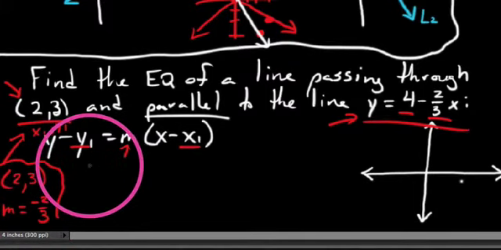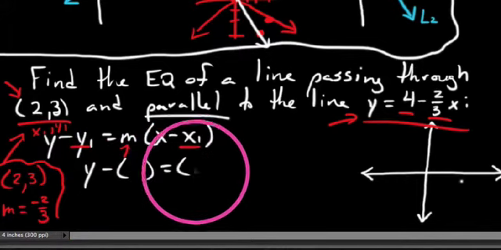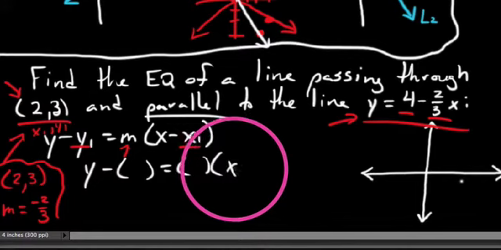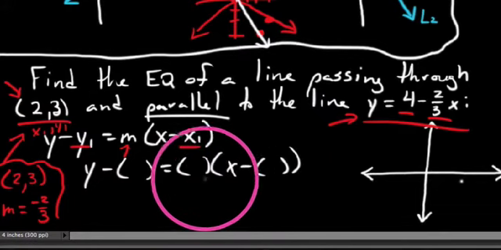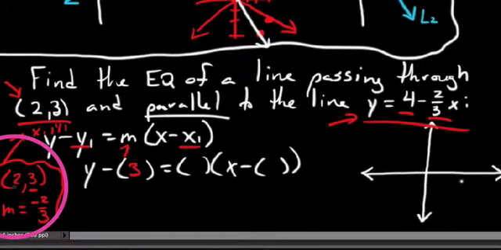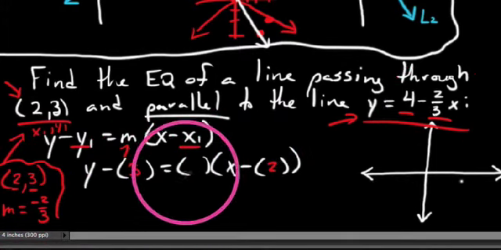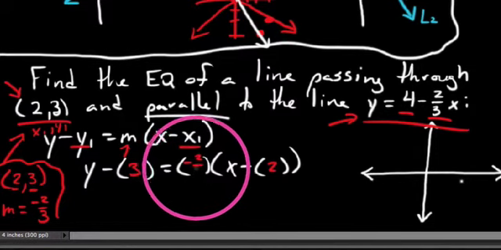So now we'll go ahead and do a little fill in the blanks here. We say y minus y1 is equal to slope m times the quantity x minus x1, and start filling stuff in. We knew we wanted a y value of 3, we wanted an x value of 2, but we also wanted this slope that's parallel to this one, so we say, okay, negative 2/3.